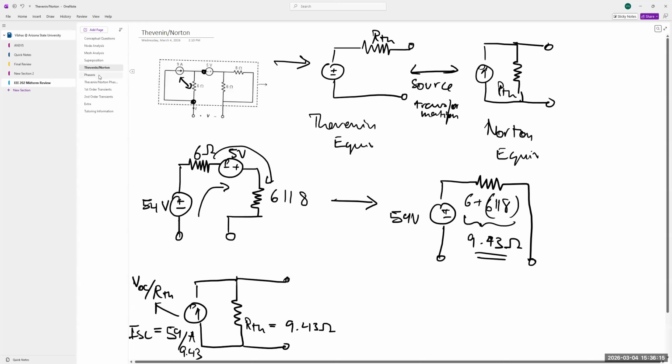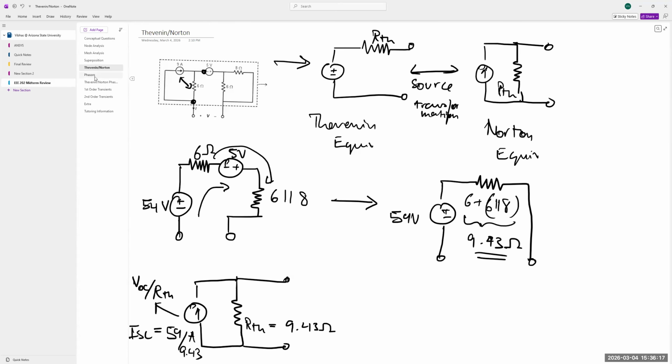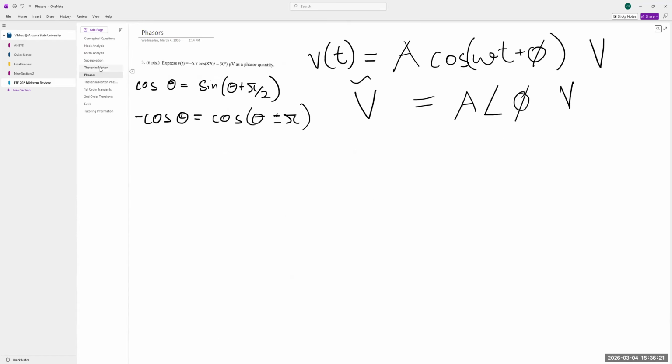I'm going to go over some extra concepts that may or may not show up in your midterm, depending on how late you are into the semester. So let's quickly go over phasors. Phasors are a way we represent time varying voltages that are also sinusoidal. These help us to solve and find the forced answer to a circuit.